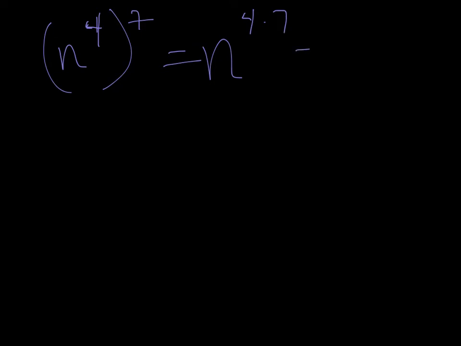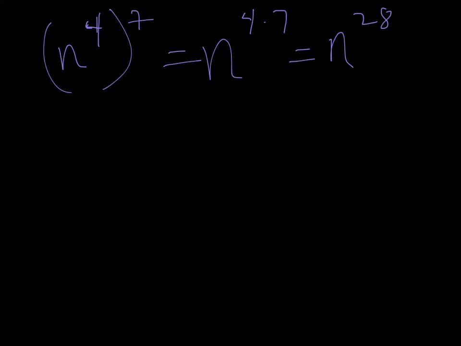Okay, here we're just going to do a few more examples on raising a power to a power. So if you have n to the fourth raised to the seventh, right? So that becomes n to the 4 times 7, which is n to the 28th.